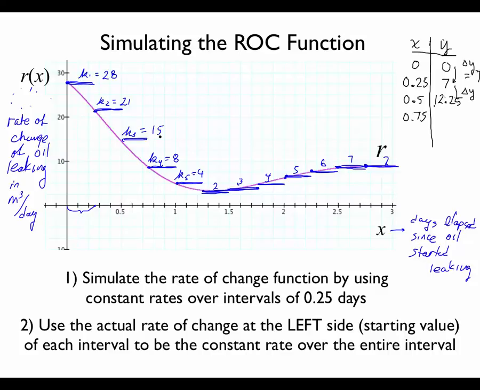Okay, in the next quarter day, the rate of change was 15. How much did y change? 3.75? Do we have confirmation on that? So now the new total is 16 meters cubed of oil have spilled out into the ocean.